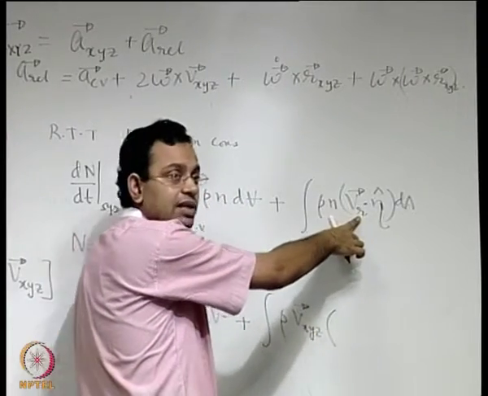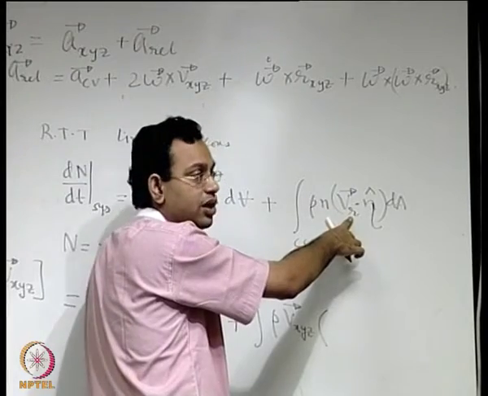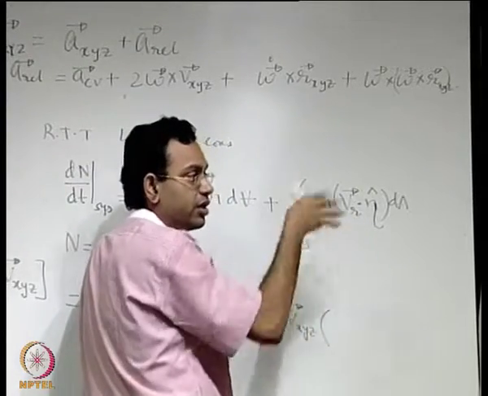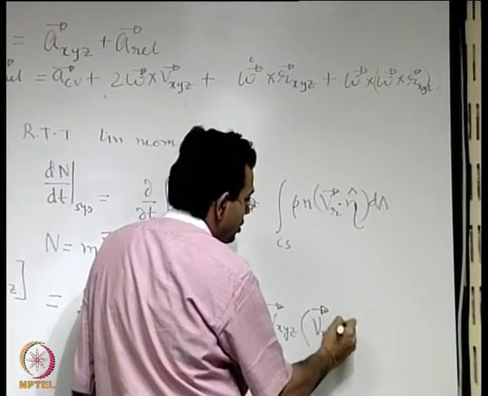We have to keep in mind that this V relative is nothing but V small xyz, that is the velocity of the fluid relative to the control volume. So, this is V small xyz dot.